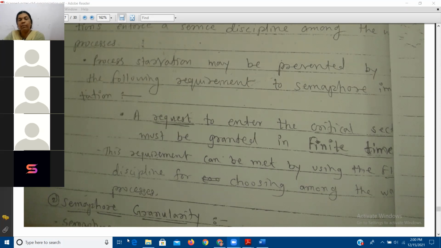And in case of finest granularity, if R1, R2, R3, R4 are there, then 4 semaphore variables may be used, S1, S2, S3, S4, like that. So separate resource, separate semaphore variable, and for all resources, only one semaphore variable. This is the difference between finest granularity and coarse granularity.